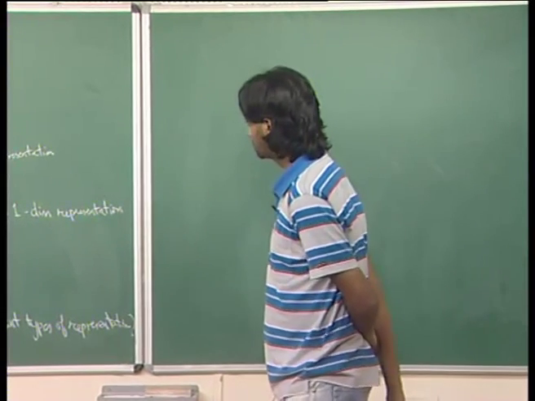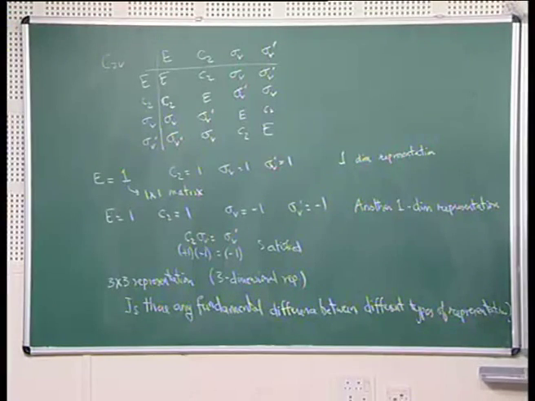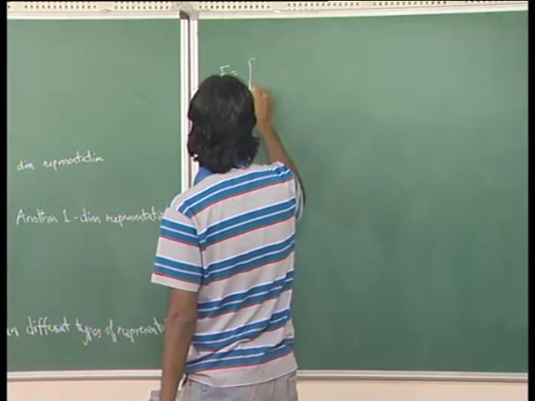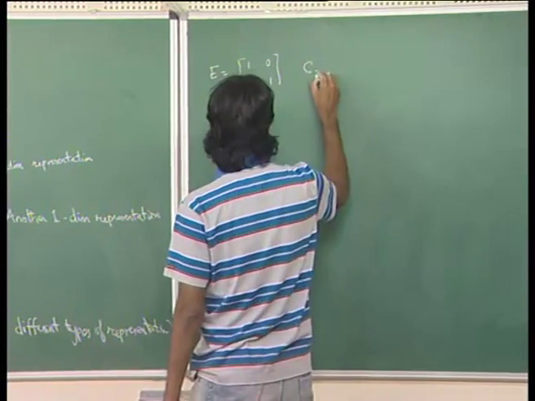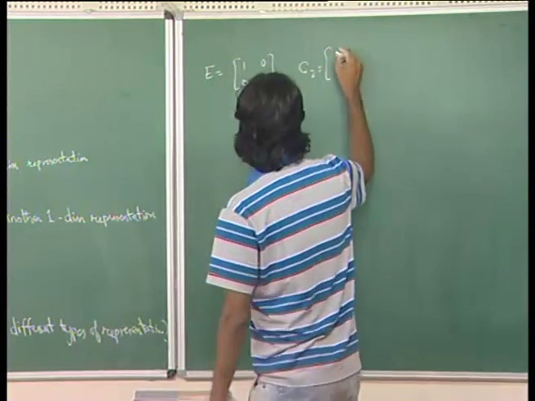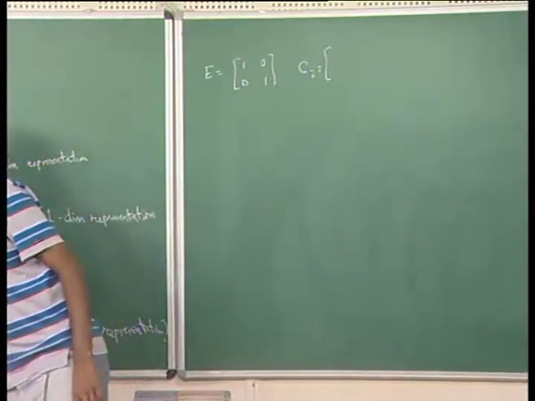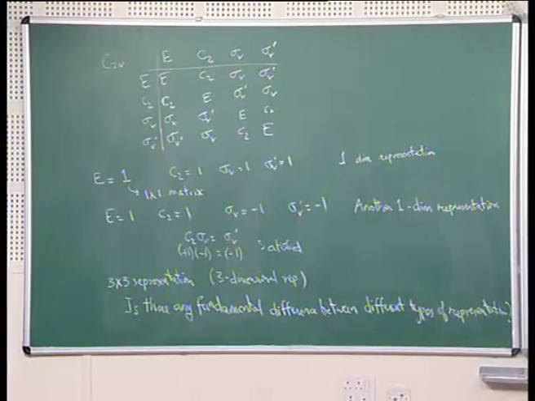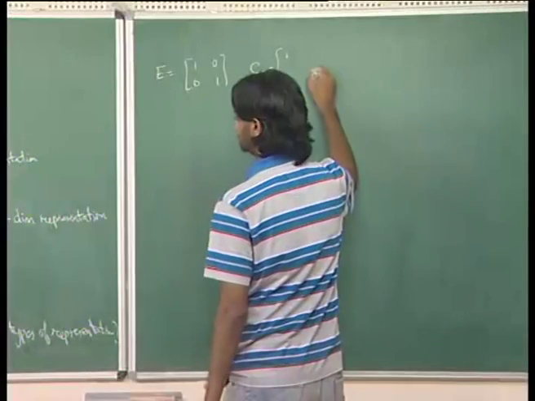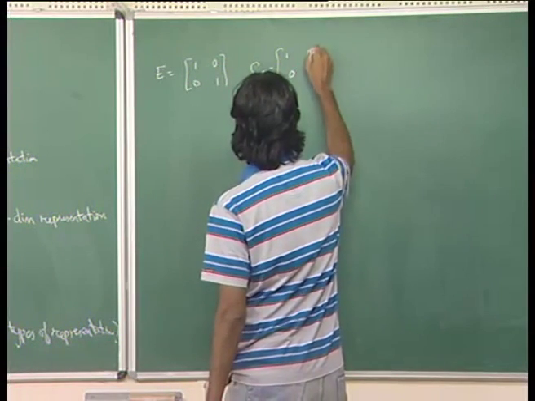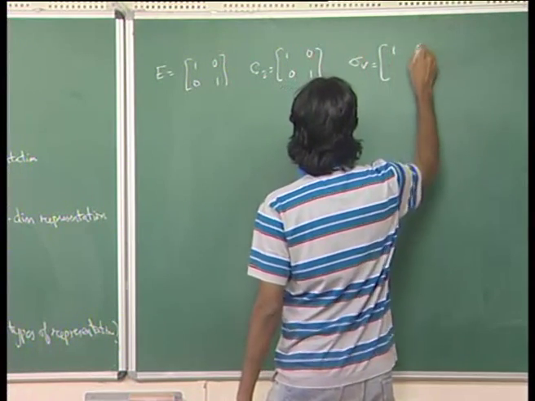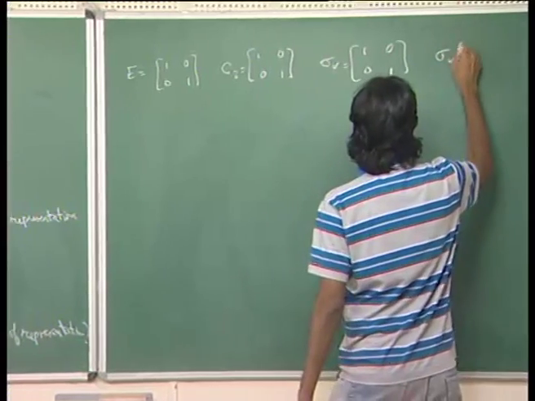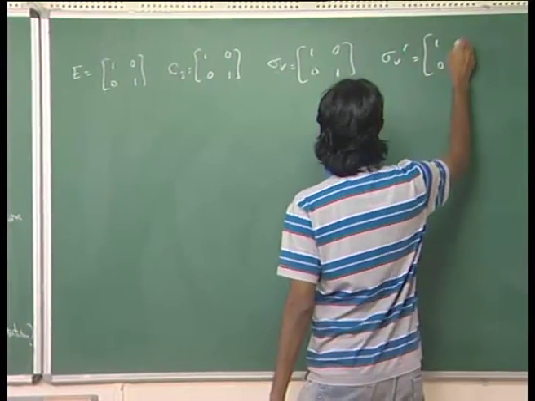Okay. So suppose I have this one dimensional representation, then I can always construct a two dimensional representation. For example, I can say E is equal to 1 1 0 0, C2 is equal to 1 1 0 0, sigma v is 1 1 0 0, sigma v prime equal to 1 1 0 0.